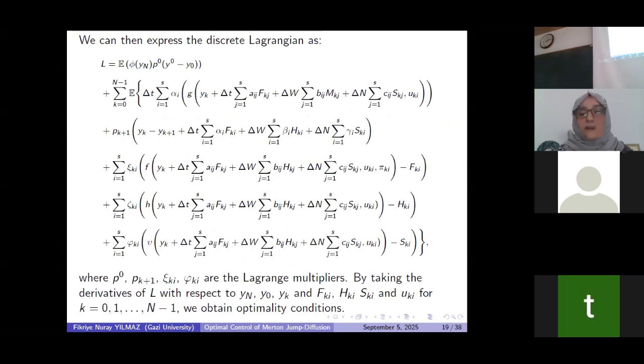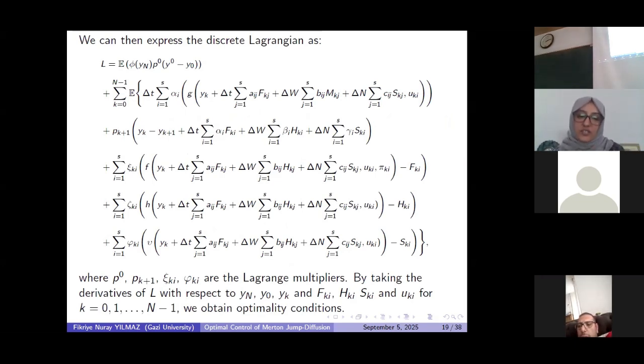Now, to get discrete optimality conditions, someone may use a Lagrangian function or Hamiltonian function. There are some slight differences between the Lagrangian function and the Hamiltonian function. They are related to each other, actually. Here, L is defined as the expectation of our discrete scheme.